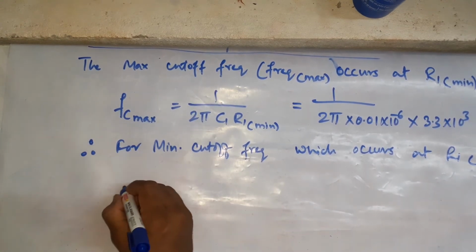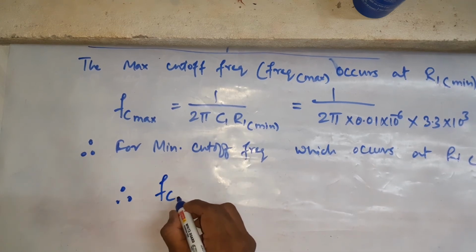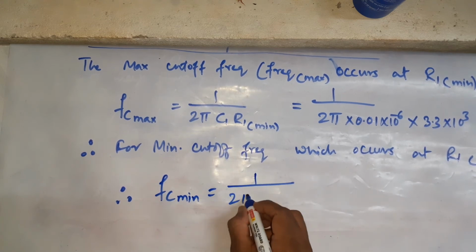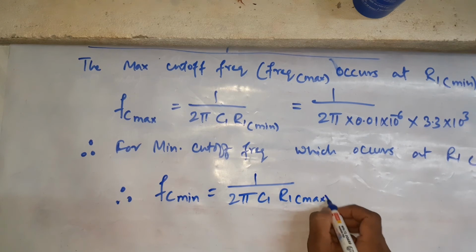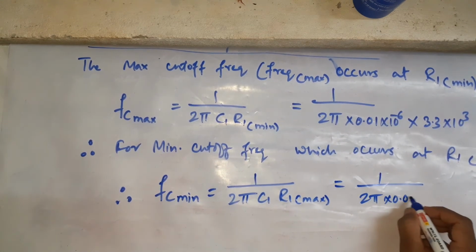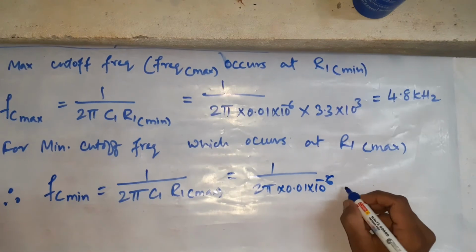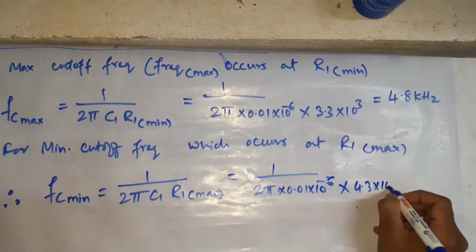So Fc min is equal to 1 over 2 pi C1 R1 maximum, which is 1 over 2 pi into 0.01 micro, and this becomes 4.3 kilo.